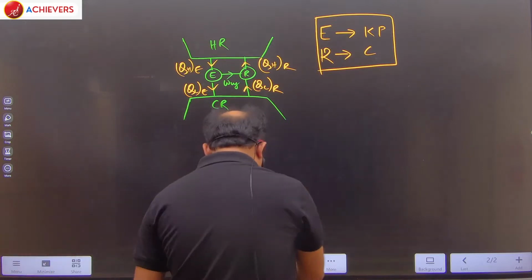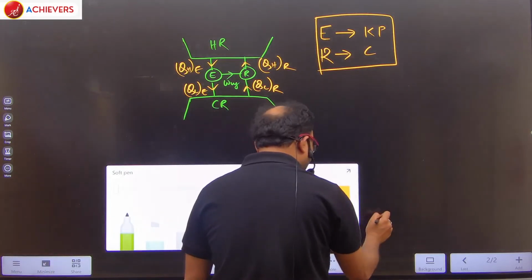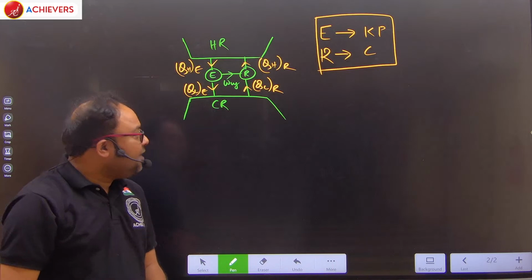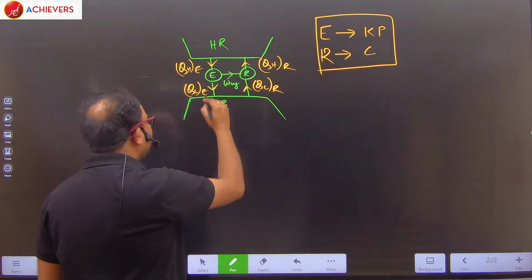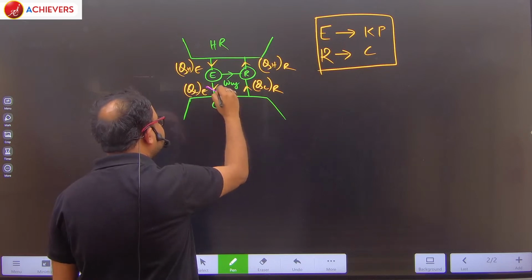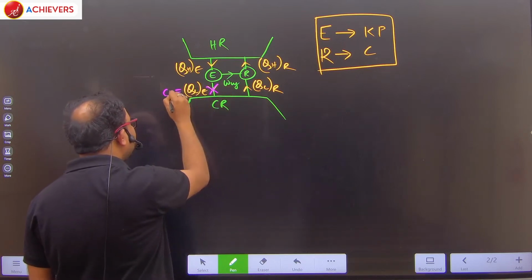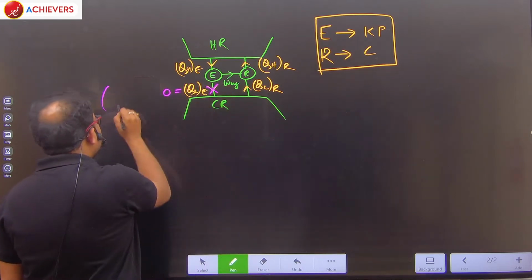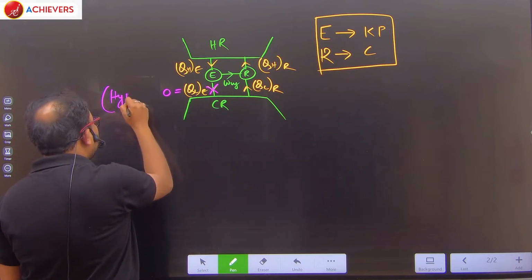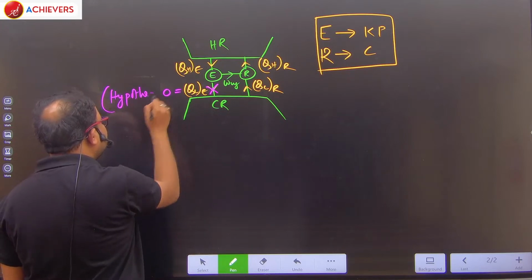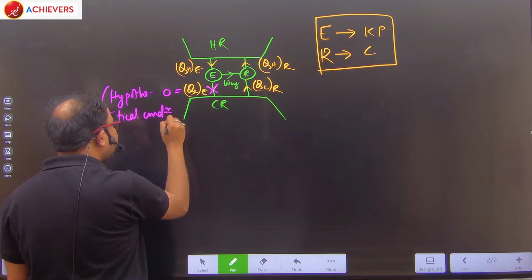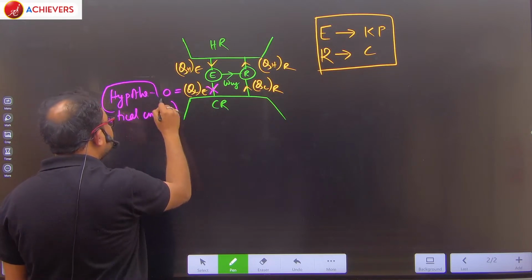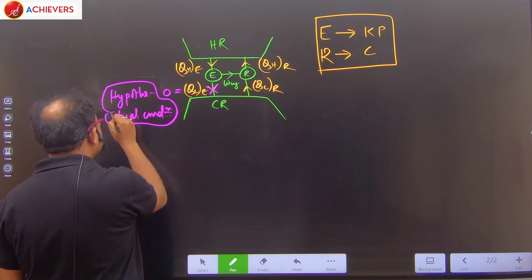Now what if we hypothetically consider this QCE to be 0?